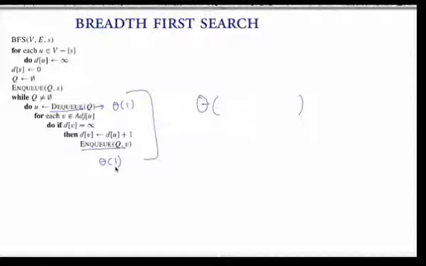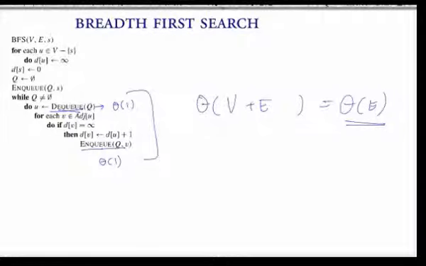And based on our analysis of those other algorithms, how many times is this called? V. And how many times is this called? So in the special case, when all edge weights are 1, this algorithm runs in order E time. Make sense?